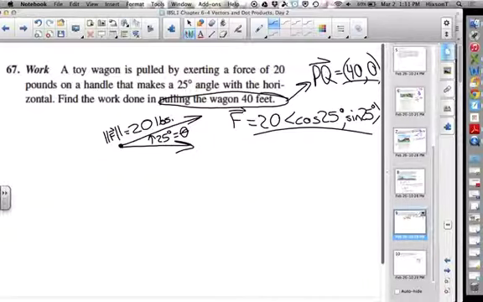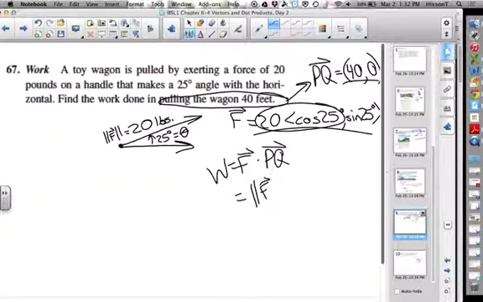That was an alternative formula. You're either doing it like this, and that's work. Or if you knew the force that was in the direction you were going, which is what we get when we find this horizontal component, then you can do the magnitude of that force times the magnitude of your displacement.